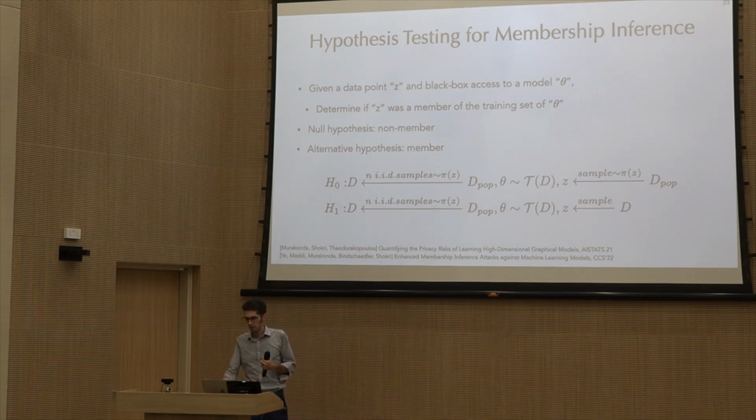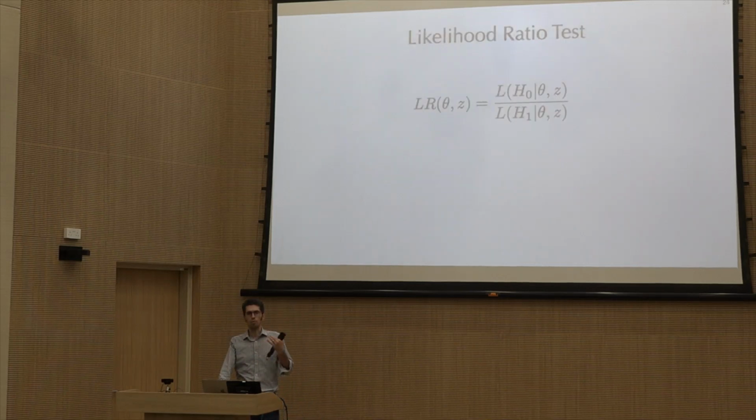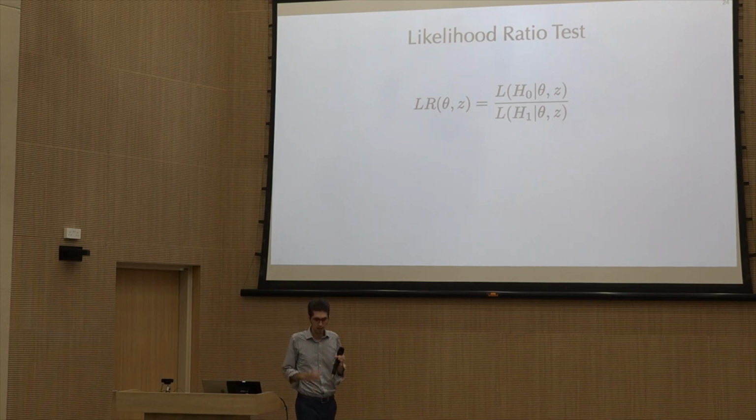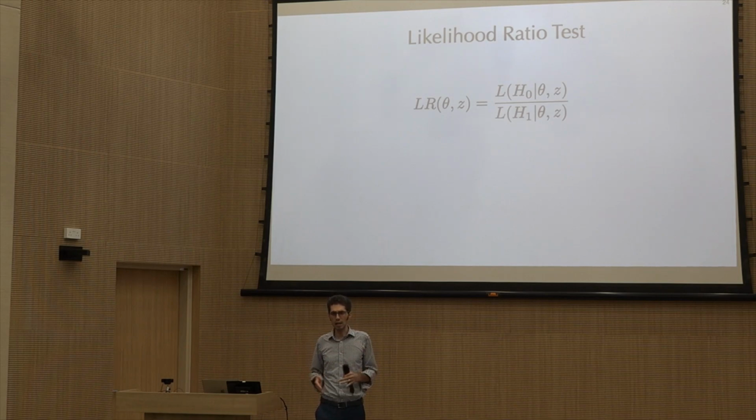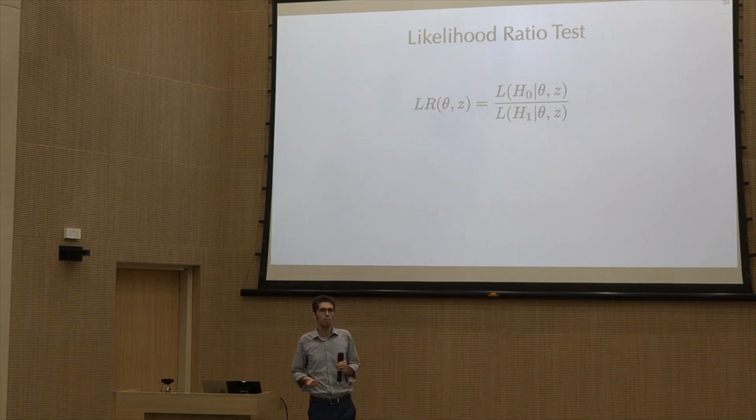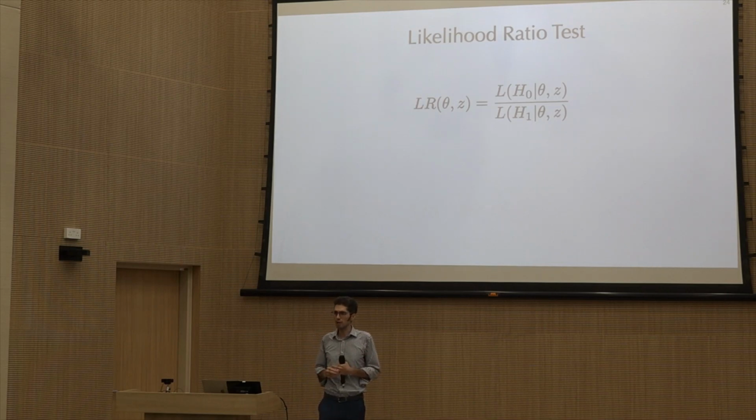Okay? So then, for running the test of that decisional problem, we can use likelihood ratio tests to solve that hypothesis testing problem and say, okay, what is the likelihood of being in world 0, given theta and z that we got, over the likelihood that we are in world 1, given theta and z, right?